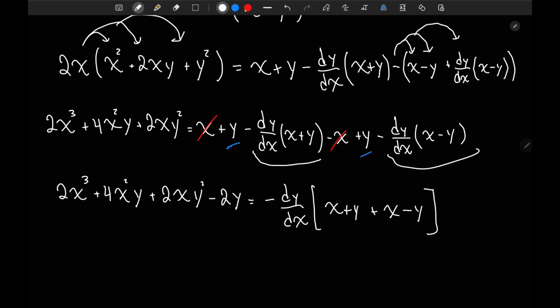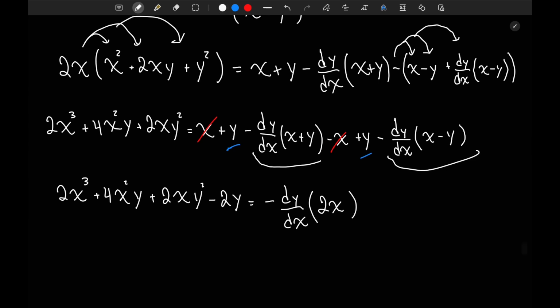And now we can see in here that these y's are going to cancel, and then we'll be left with 2x inside here. So I'm just going to simplify this as 2x. Now we can multiply each side by minus 1 to get rid of this negative.